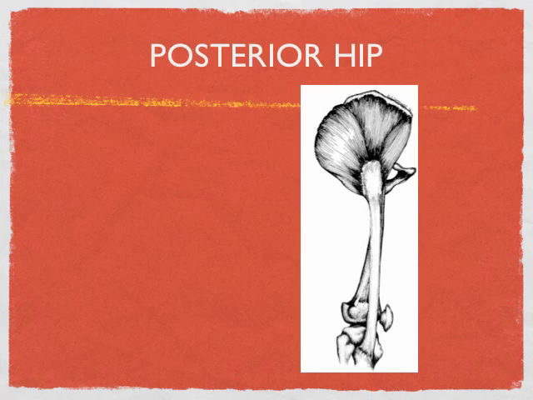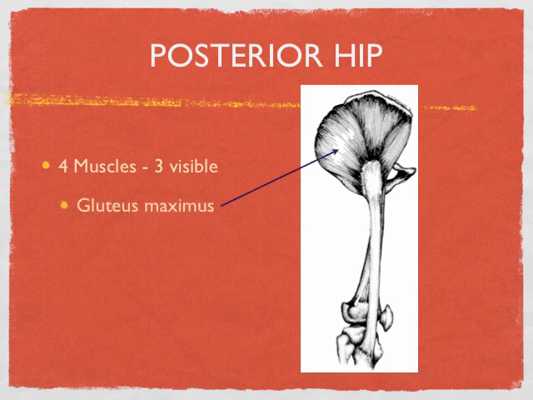So let's name these. Posterior hip group, if you're looking at it, has 4 muscles in it. Only 3 of them are visible right here, one of them being hidden. And let's just point out which one is which. This is gluteus maximus, so this is the posterior aspect of a lateral view of the hip.